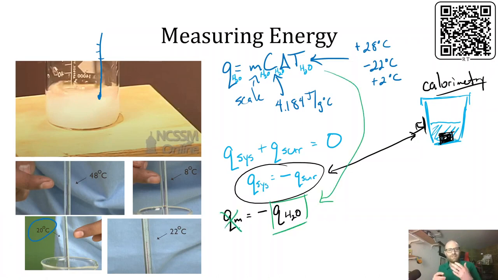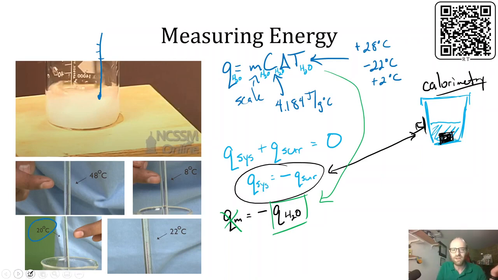If you're taking salt and dissolving it into water, you're turning solid into aqueous. I don't know what you'd stick a thermometer in. I don't know what the specific heat of a change is.